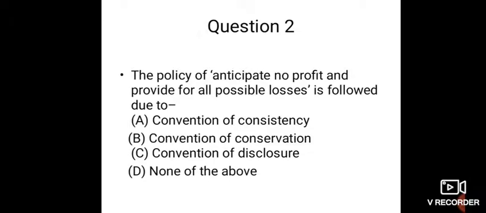The second question is, the policy of anticipate no profit and provide for all possible losses is followed due to option A, convention of consistency, option B, convention of conservation or conservatism, option C, convention of disclosure, option D, none of the above.